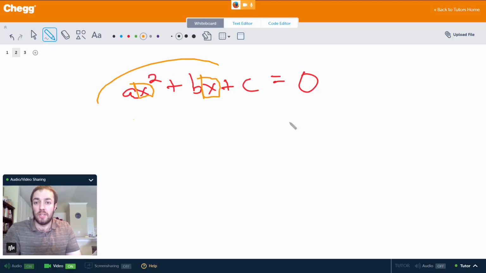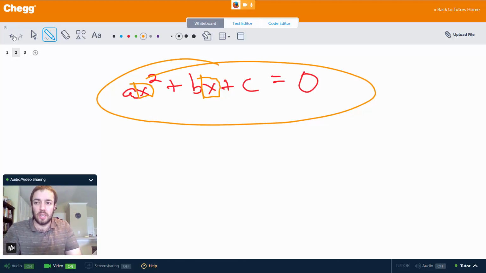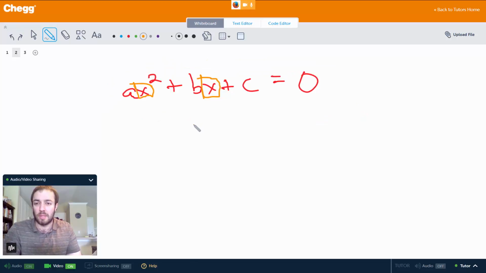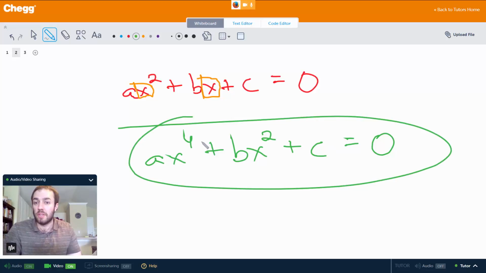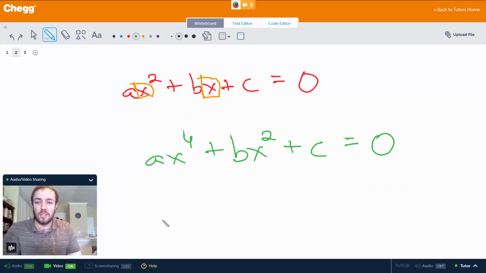Well, we can have this form more generally with things that are not just x, but maybe something more complicated than x. So, for example, maybe we can have ax to the fourth plus bx squared plus c equals 0. Notice this is not a quadratic equation. However, it is in quadratic form because, first of all, we can rewrite this as a times x squared, where the x squared is being squared, right?